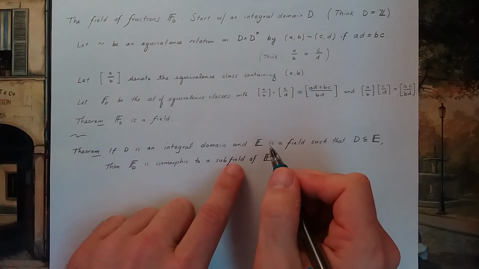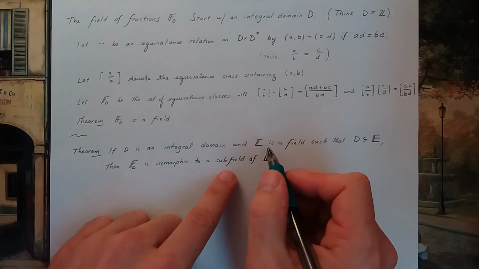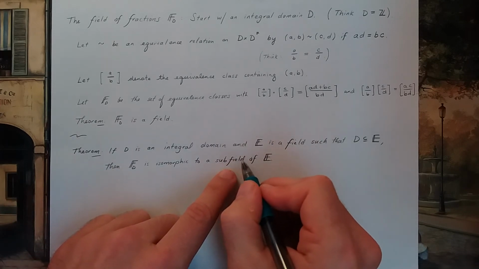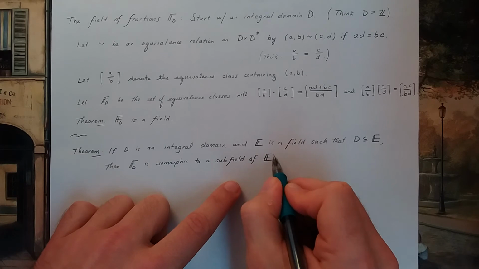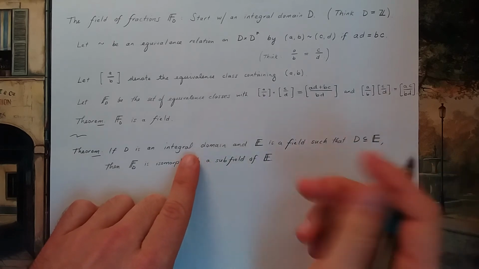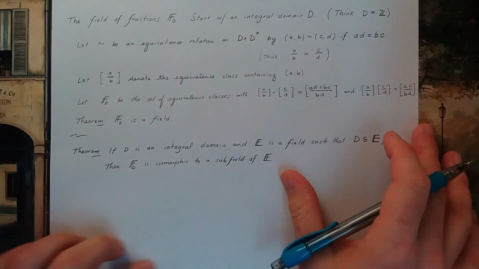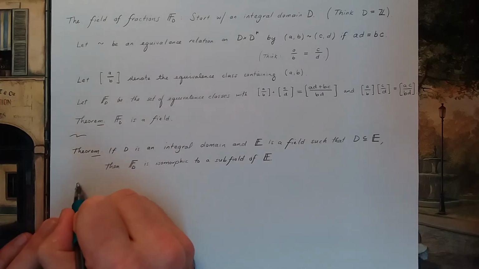We've only defined subring. But a subfield is what you'd expect. It's a subset of E that's also a field.